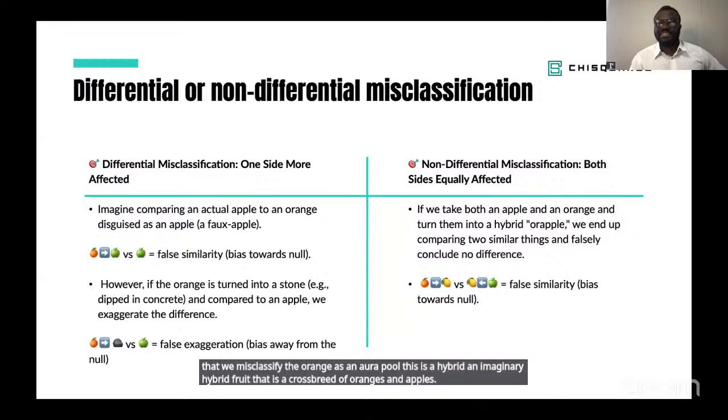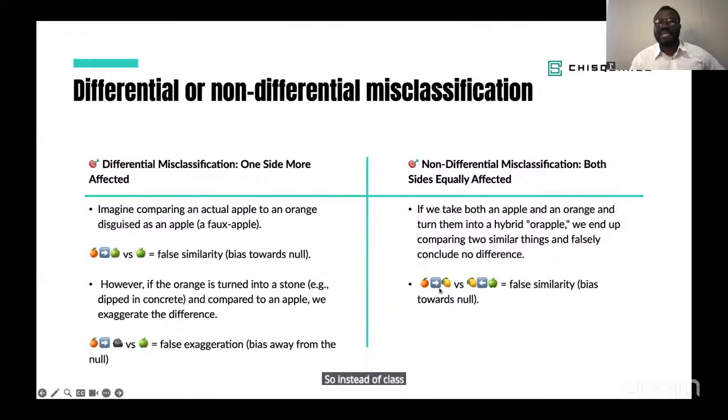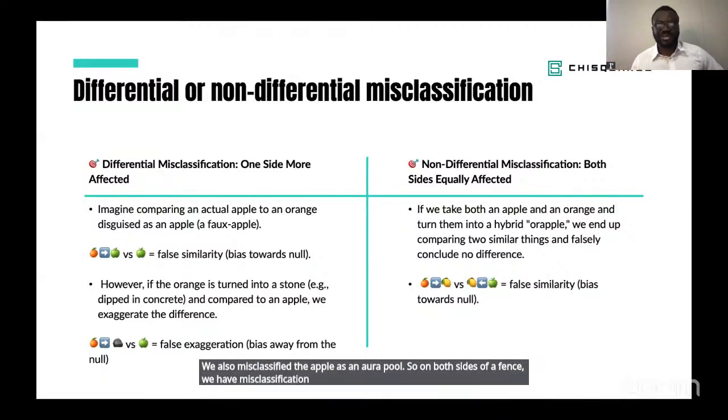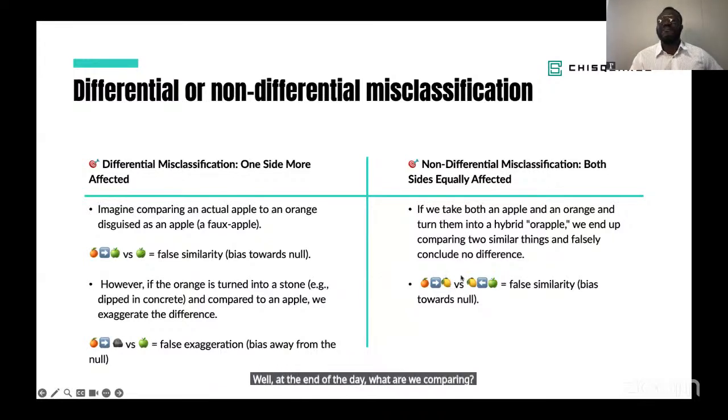So instead of classifying this as an orange, we classified it as an orapple. We also misclassified the apple as an orapple. So on both sides of the fence, we have misclassification going on to the same degree. Well, at the end of the day, what are we comparing? We're comparing an orapple versus an orapple. We conclude that there is no difference. That is biased towards the null, right?